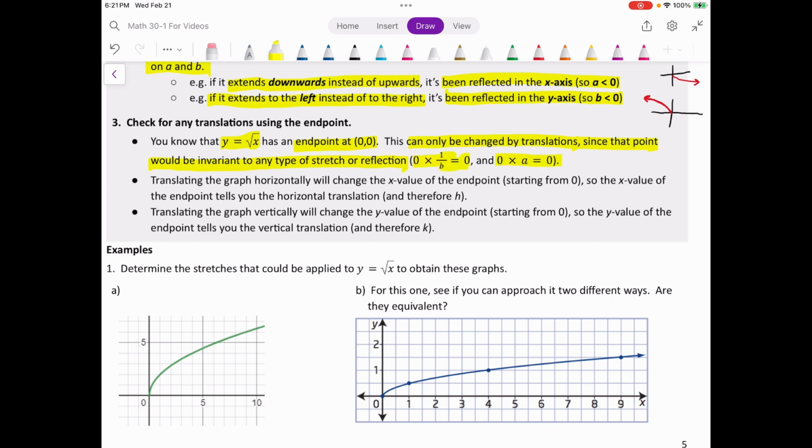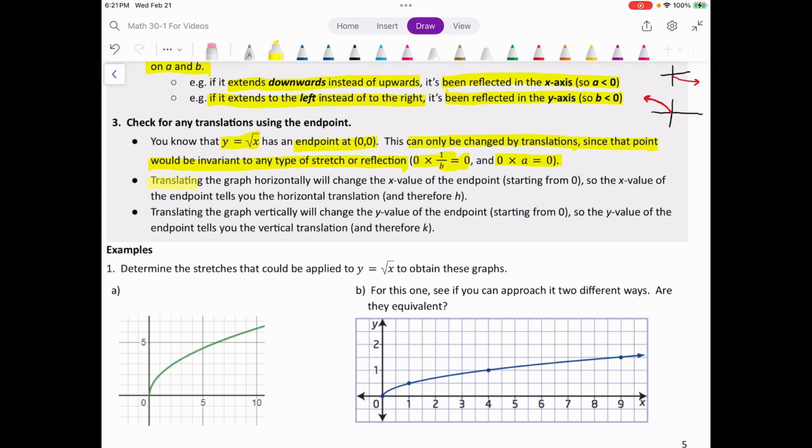So that endpoint should never move because of just a stretch or a reflection. Meaning that if it did move, it was because of a translation. The only way to move those is to slide the graph, not to stretch or reflect it.